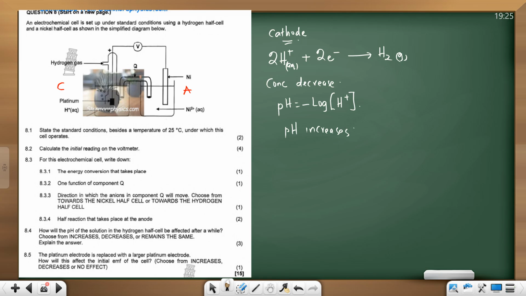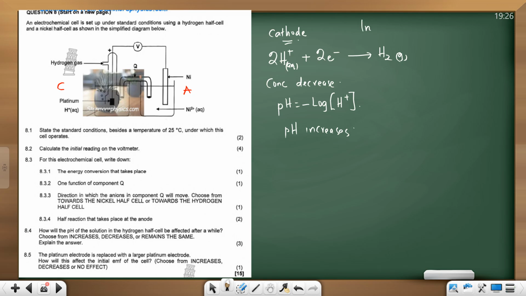Explain your answer. That's my answer. Yes, that's actually better because if your answer is wrong, then we don't listen to your explanation. They said choose increase, so you have to answer first.